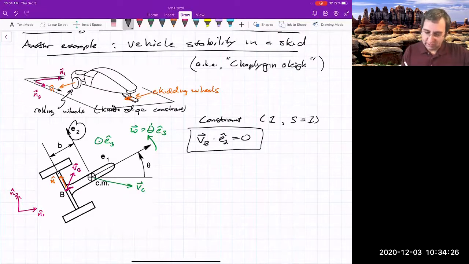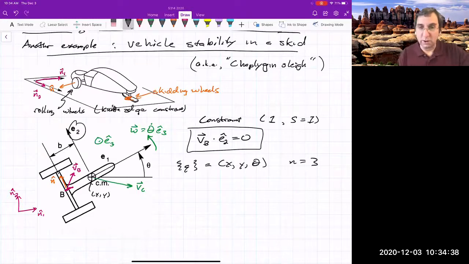What coordinates will we have? If we wanted to track the center of mass here, our set of generalized coordinates Q would be X, Y, and theta. So N equals 3, S equals 1. Before we would use Lagrange multipliers, but now we know that we could pick N minus S equals 2 unconstrained quasi-velocities.